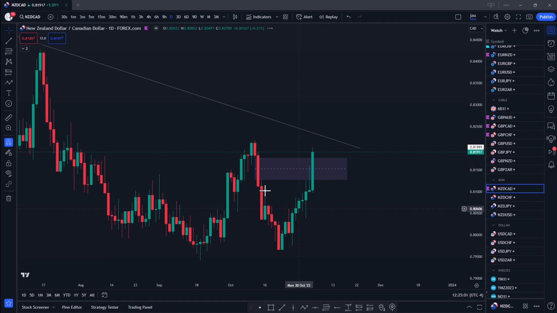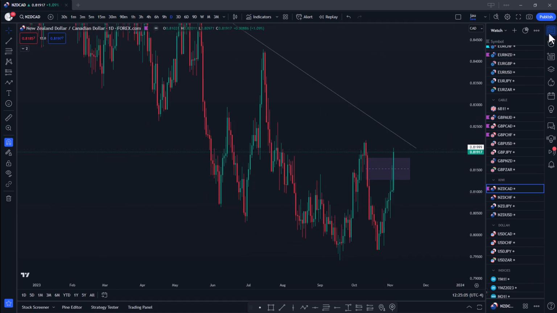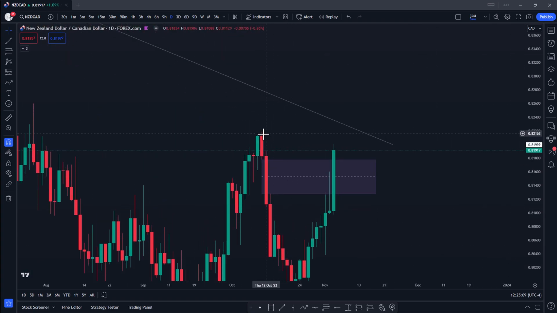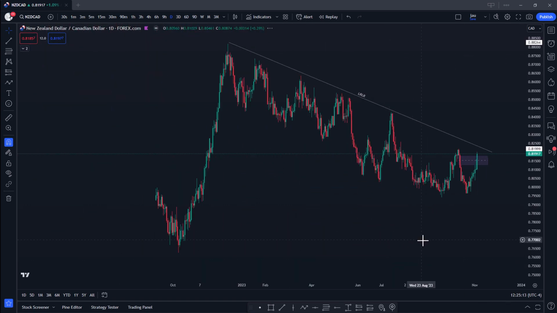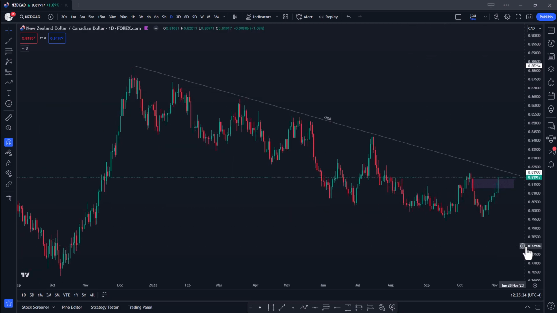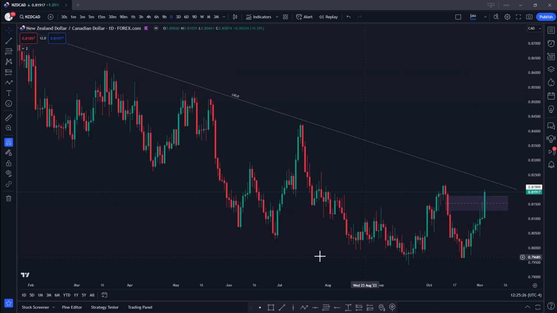So I'm going to be looking at NZDCAD for two reasons. One, we are very close to sweeping this buy side liquidity here, the swing high. And two, we have this massive trend line, right? So retail might be considering this to be a trend line that they expect price to hit and push lower, but I'm looking at it as a target for me.